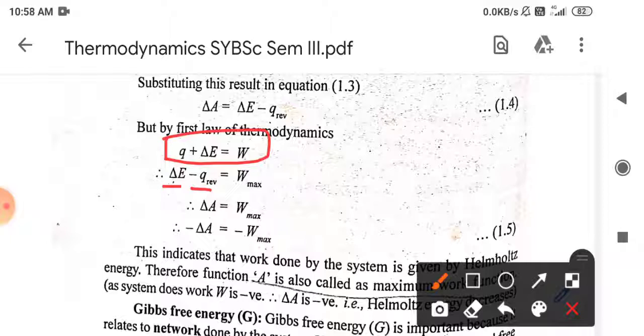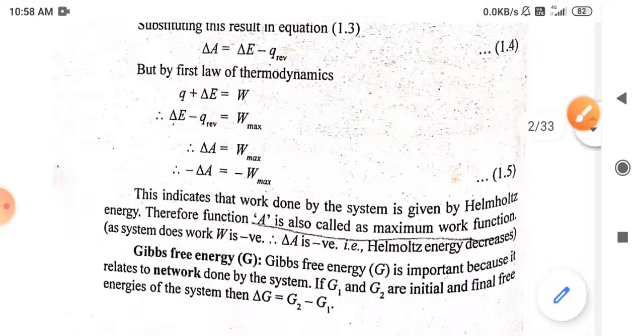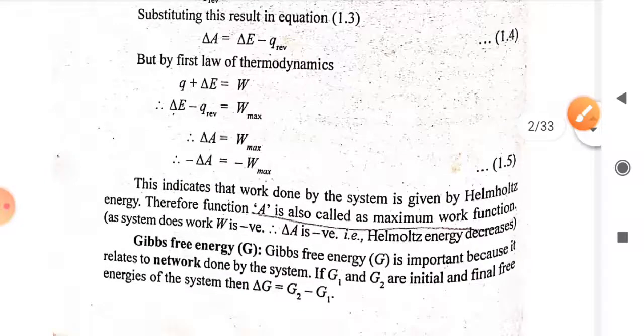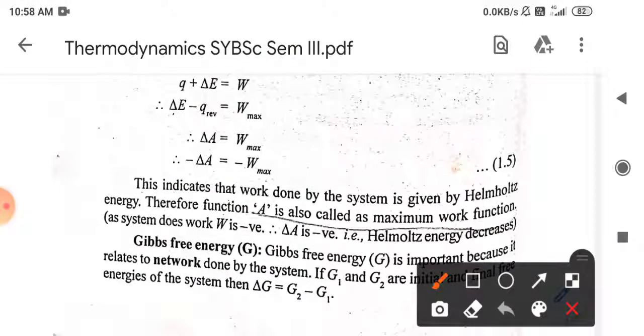So just simply substitute this value in the expression of Helmholtz free energy. We get that minus delta A is equal to minus W max. So this indicates that the work done by the system is given by the Helmholtz free energy. The maximum work done is nothing but the Helmholtz free energy.